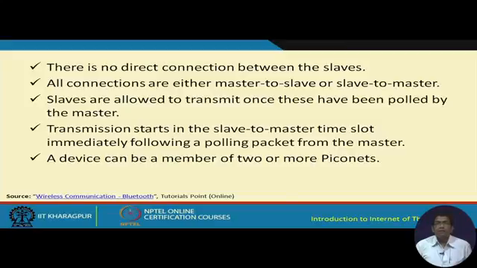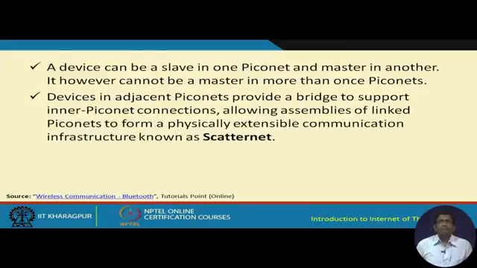In one piconet, that particular device can be a slave. In another piconet, it can even act as a master, and putting all these piconets together, what you get is a physically extended infrastructure comprising several piconets known as the scatternet.